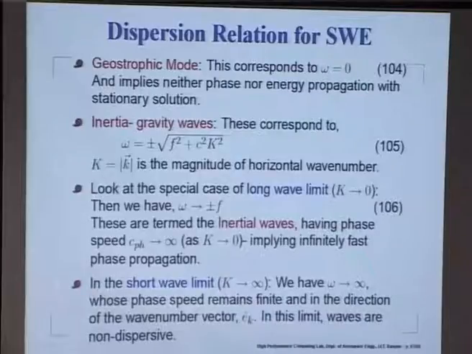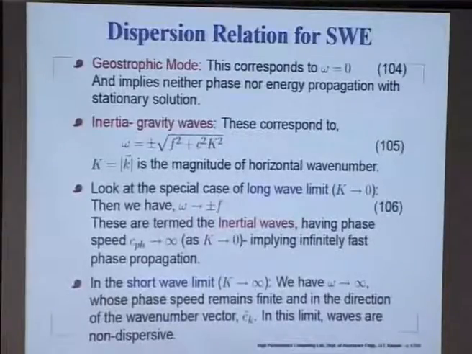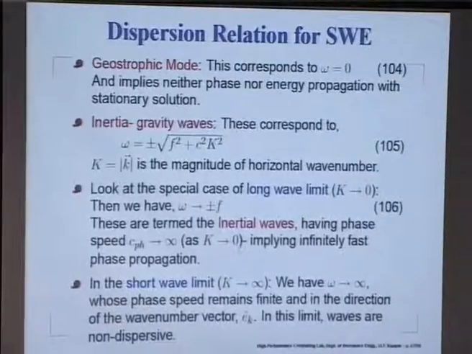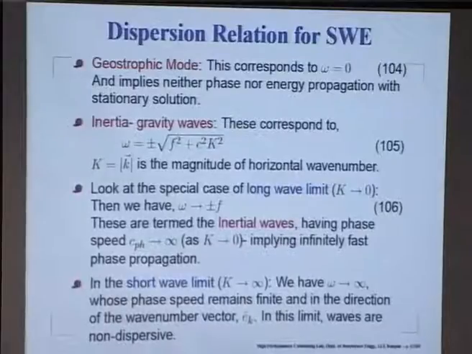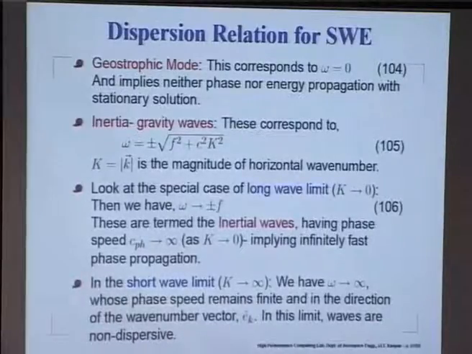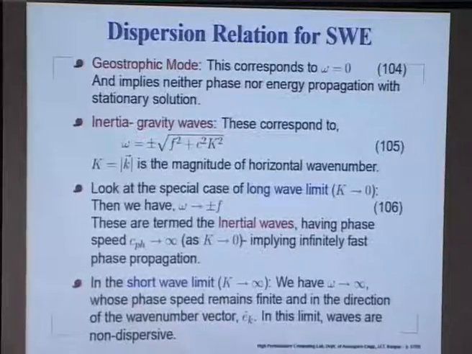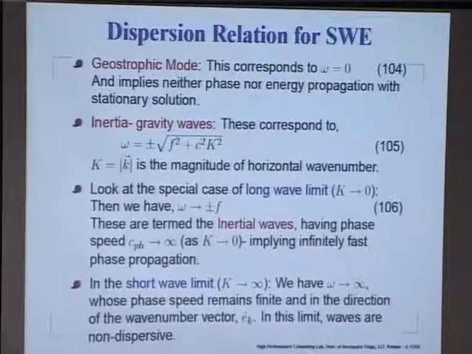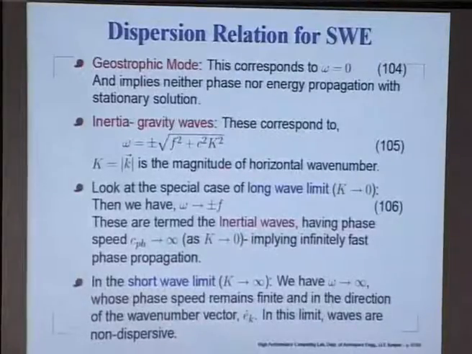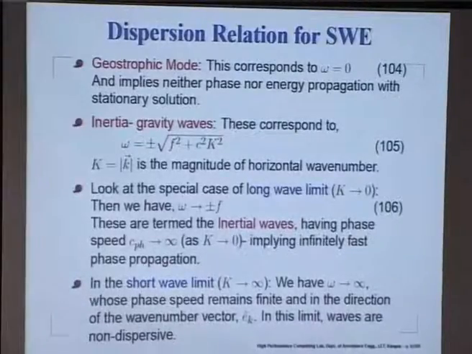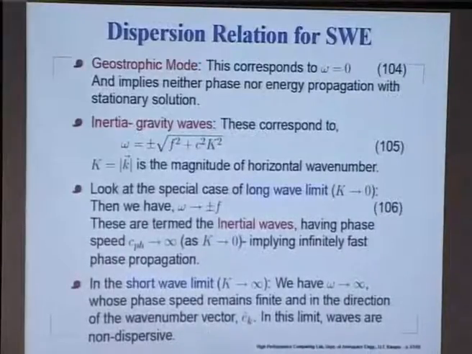These two roots give rise to what are called the inertia gravity waves. Let us try to understand what we are talking about here, because if I look at the long wave limit, that is capital K going to 0, then you can directly see omega will tend to plus minus f, right. And what will be the phase speed?